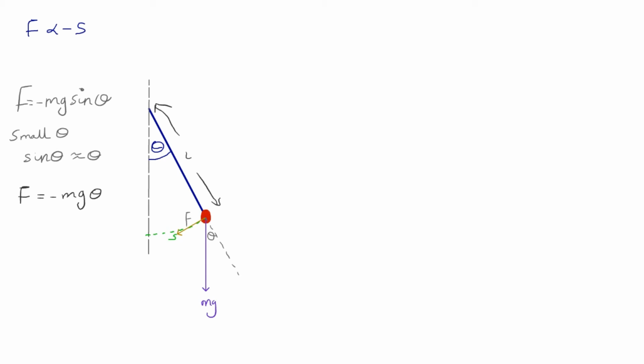Theta L is equal to our displacement s, which means that theta is s over L, and that means I can write my new equation in an even more helpful way. I can write F equals minus mg s divided by L.